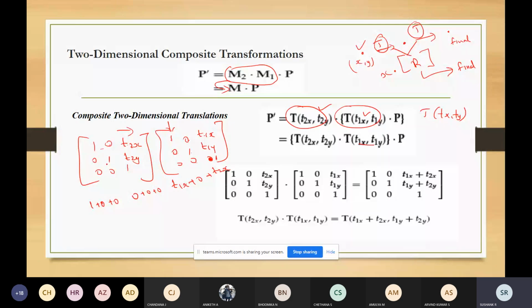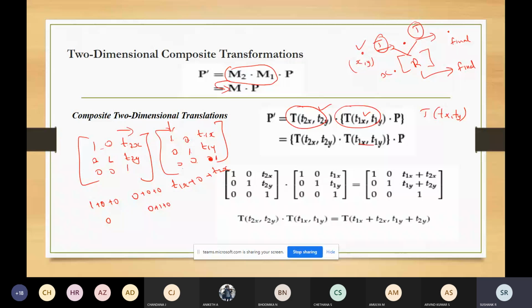After that 0 into 0, 1 into 0, T2y into 0, so I'll get 0. Then 0 into 0, 1 into 1, 0: 0 plus 1 plus 0.